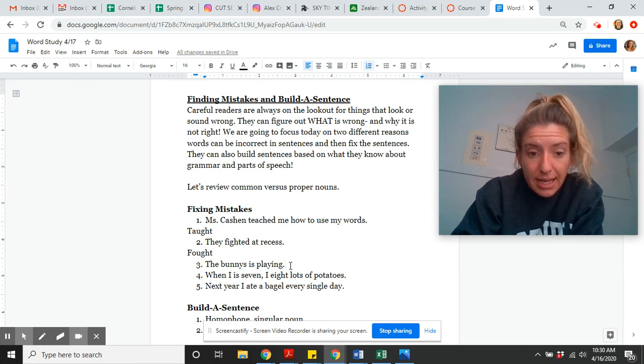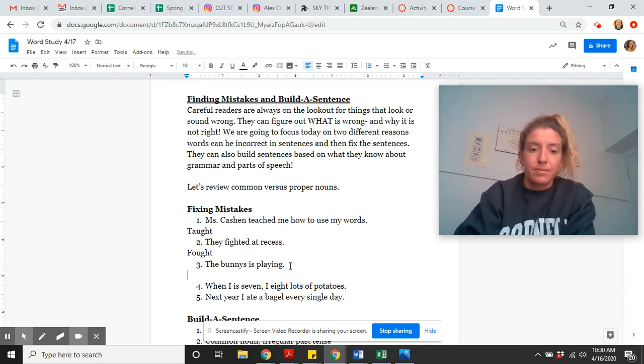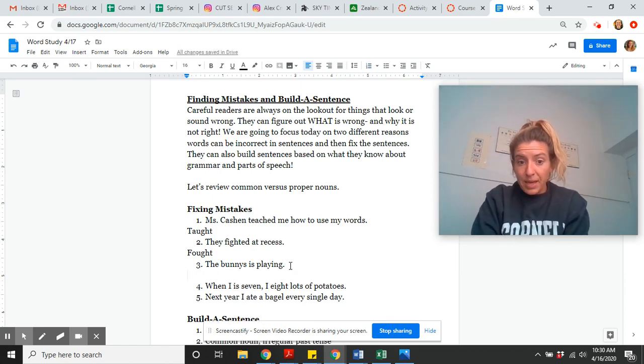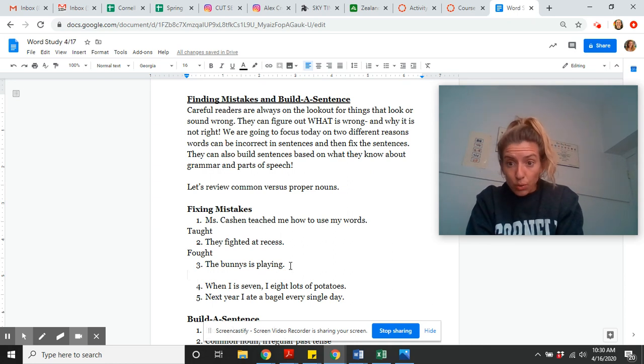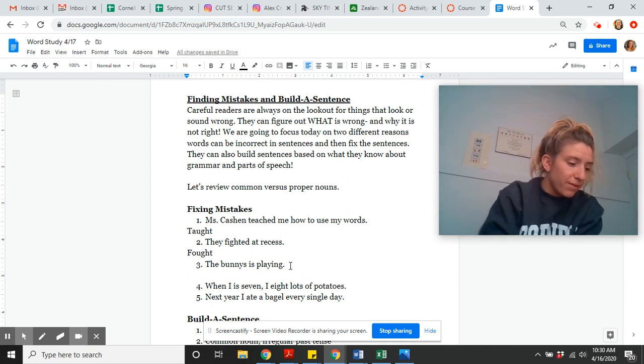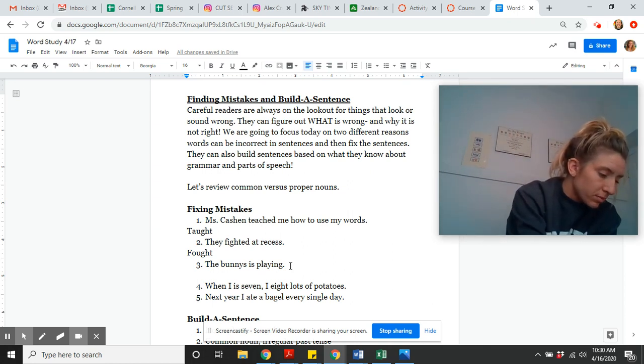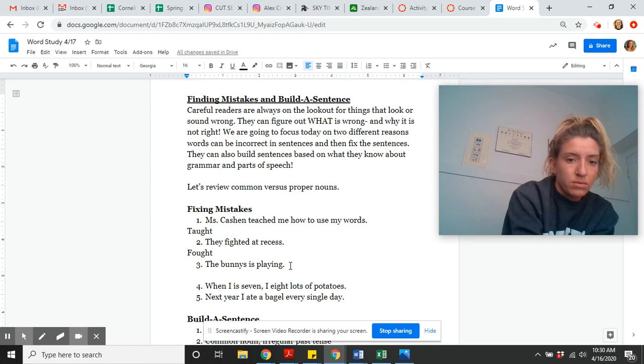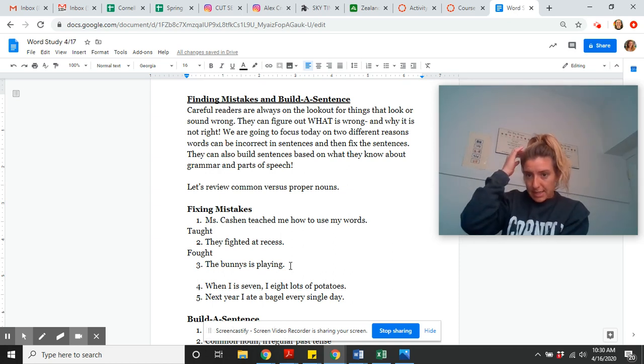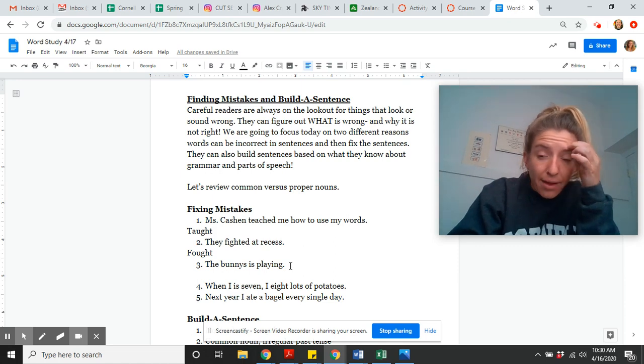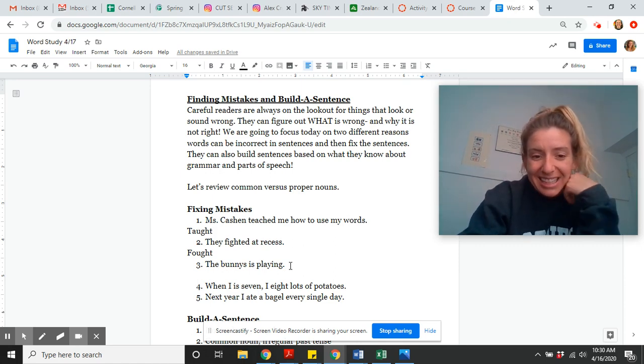The bunnies is playing. This sentence has two incorrect parts, so see if you can figure it out now. The bunnies is playing. Well, I know that when there's a consonant before the Y, I have to drop the Y and add IES.